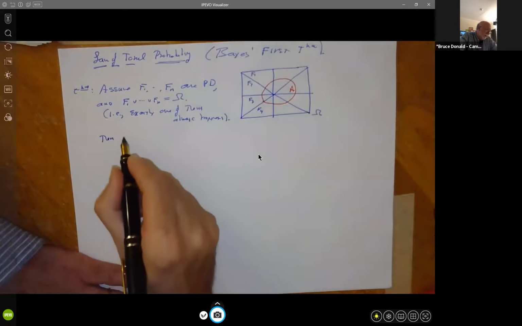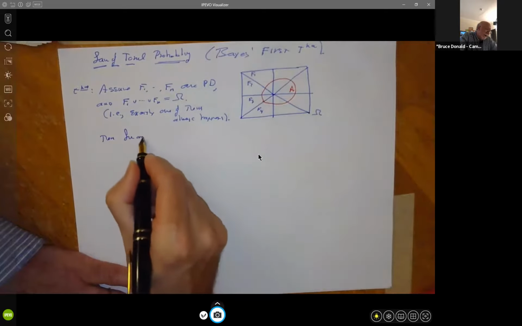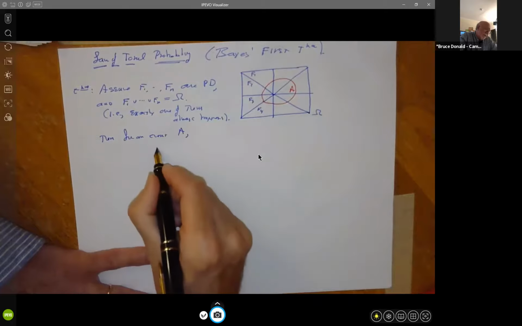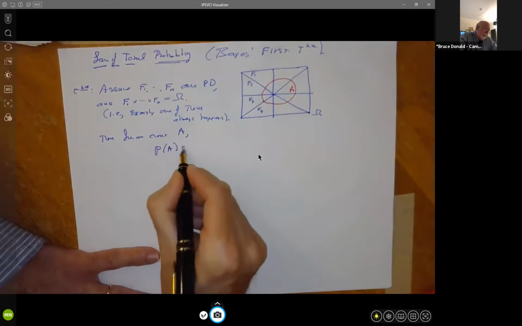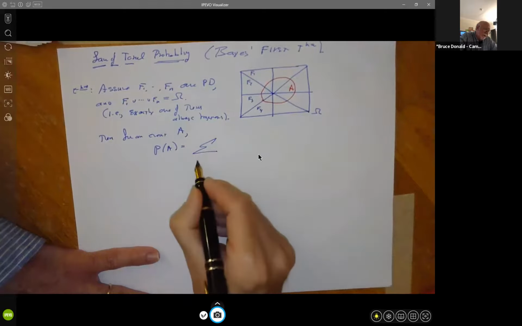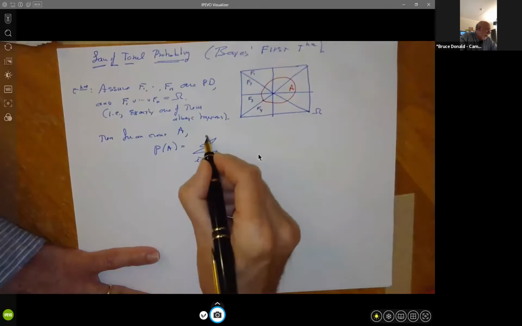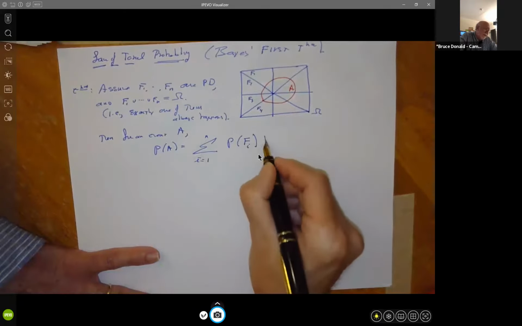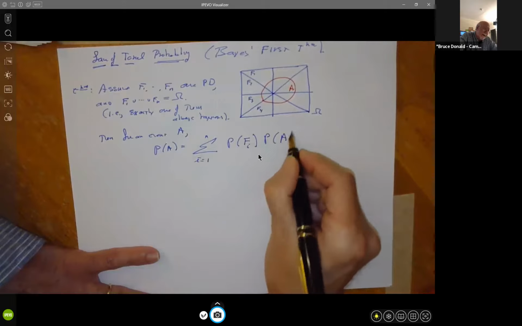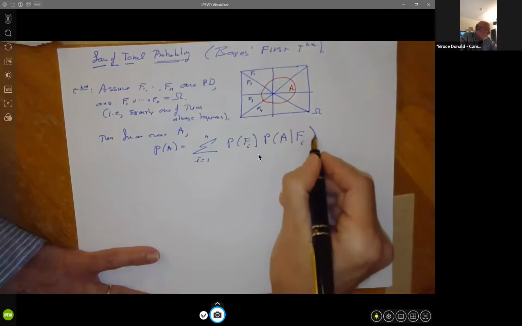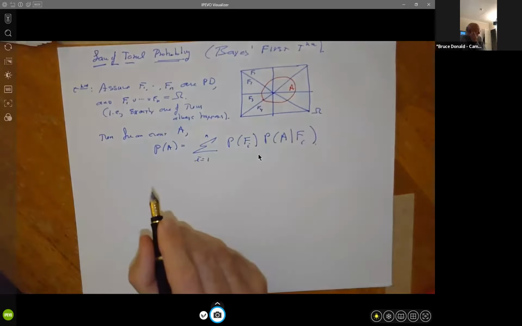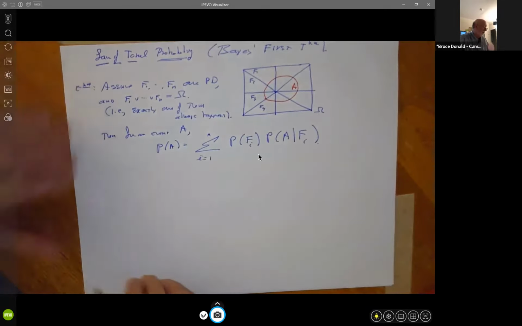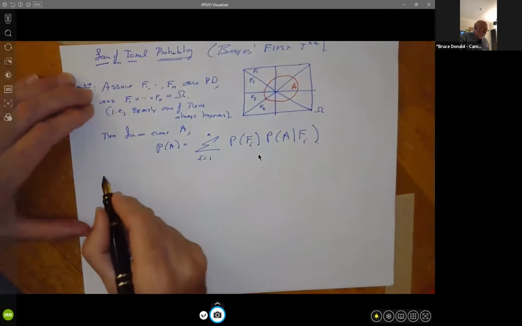Then, for an event A, we have the probability of A is equal to the sum for i equals 1 to n of the probability of Fi times the conditional probability of A given Fi. Okay, now we're going to prove this, or let you prove it, but first I want to sort of motivate why this would be a good thing. So let's look at two examples.